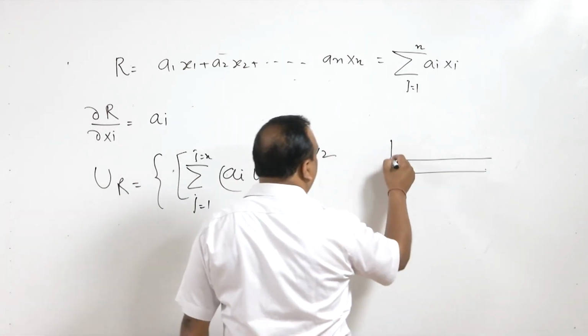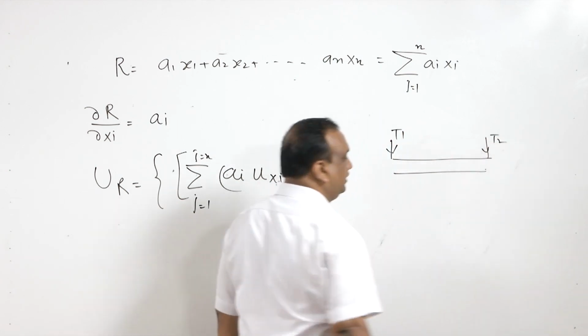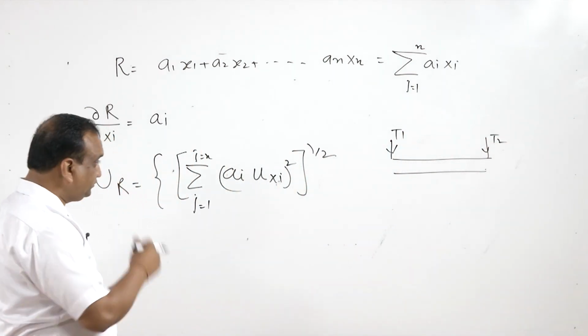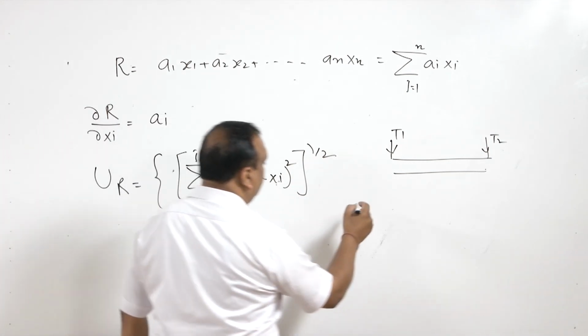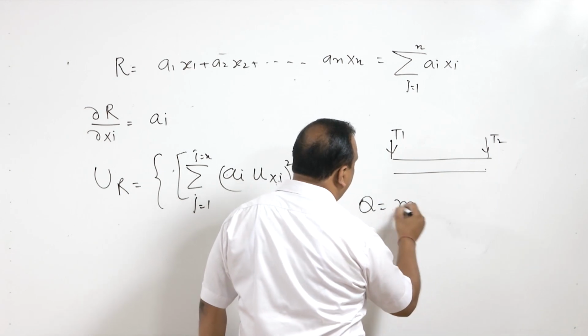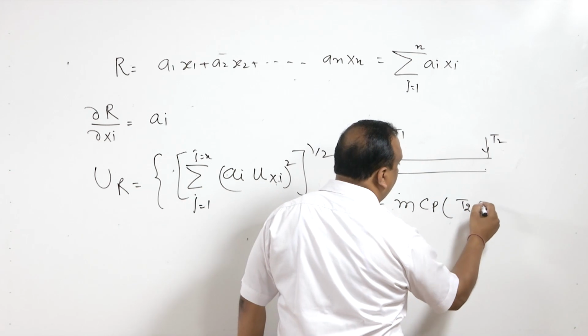Inlet temperature is T1, outlet temperature is T2. Fine. Now Q is definitely the heat transfer rate: mass flow rate times Cp times (T2 minus T1).